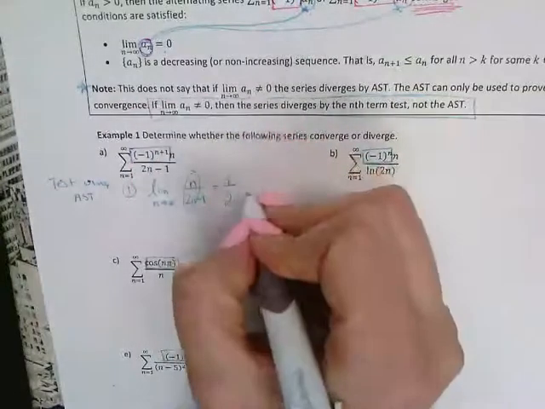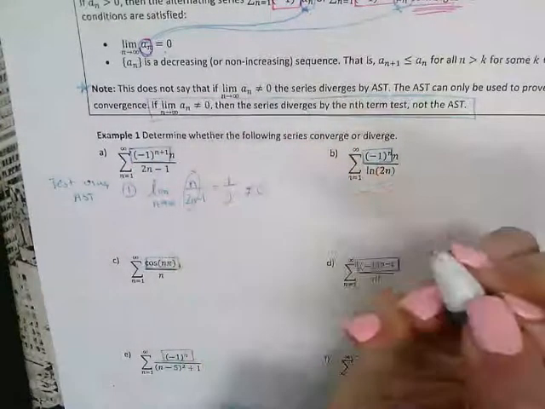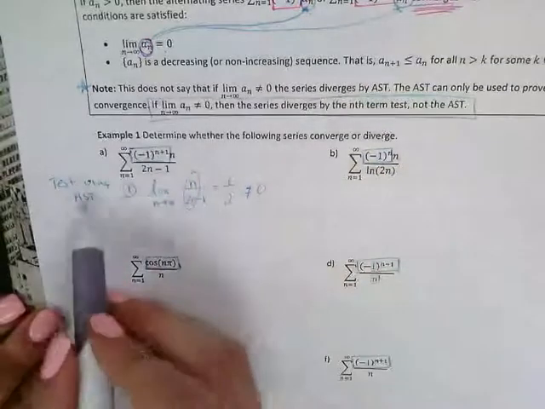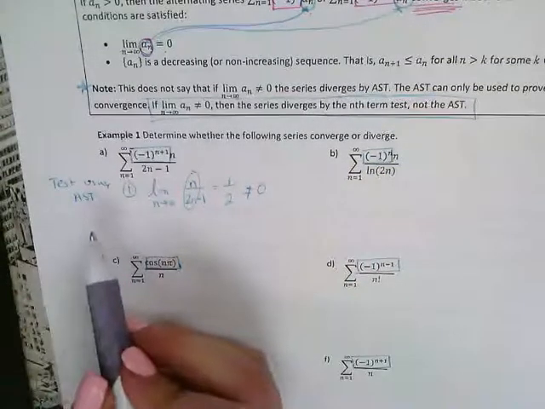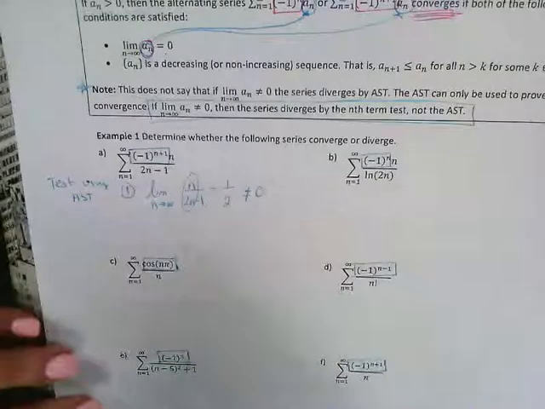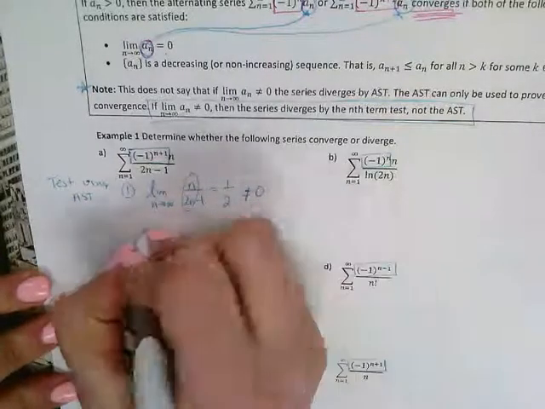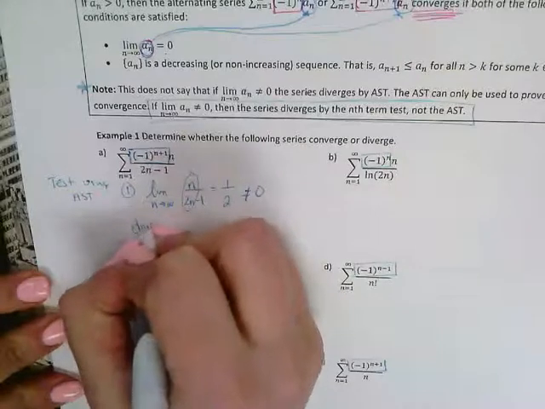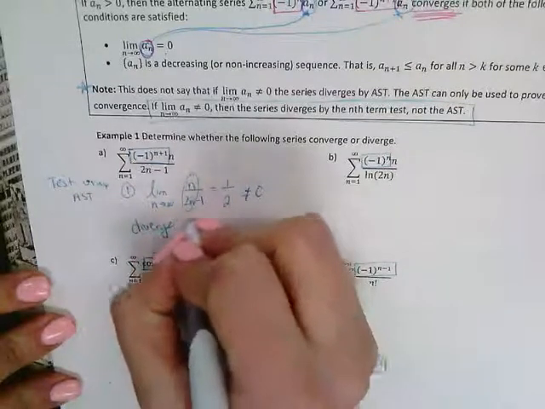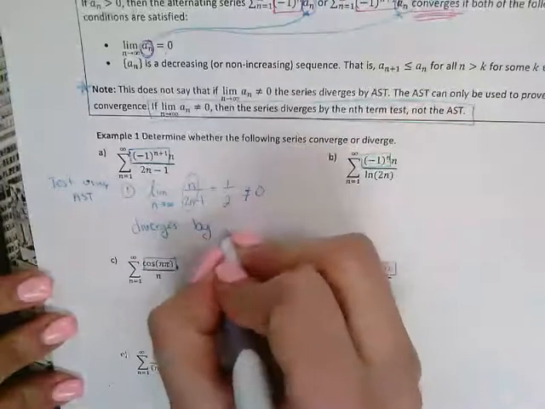So obviously this does not equal 0, right? So we can't say that it diverges by AST, but what we know is because 1/2 does not equal 0, it diverges by the nth term test.